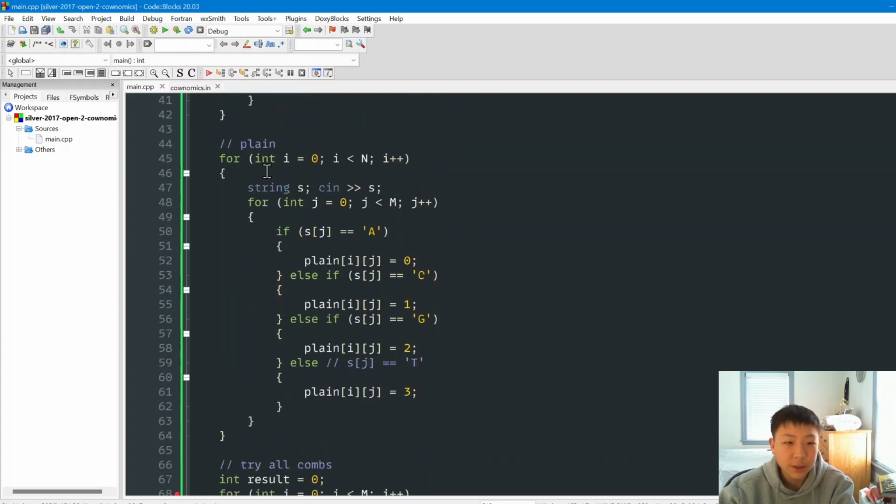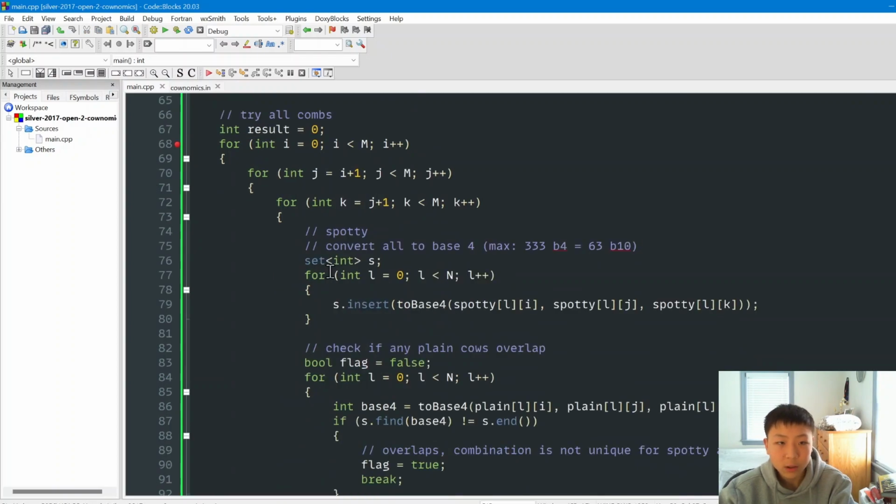Now we're going to do this exact same thing for the plain vector. The same for loops, we just switched it to changing the plain vector. Okay, now we're going to try all of the combinations of the 3 indexes. So we're going to first have our result first. And then we are going to have the triple loop.